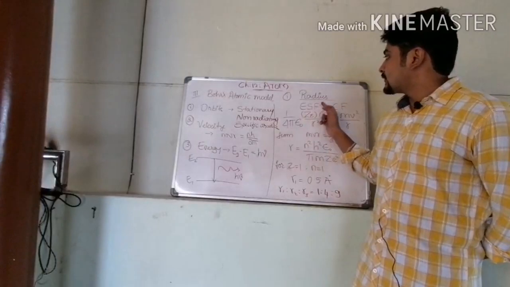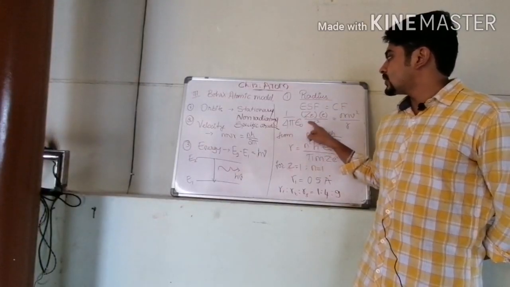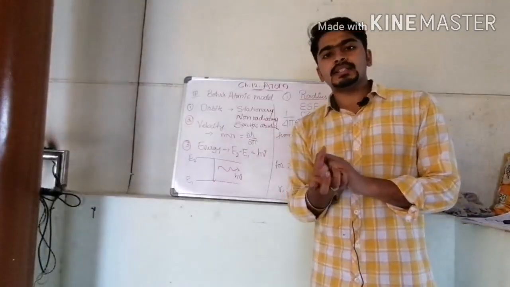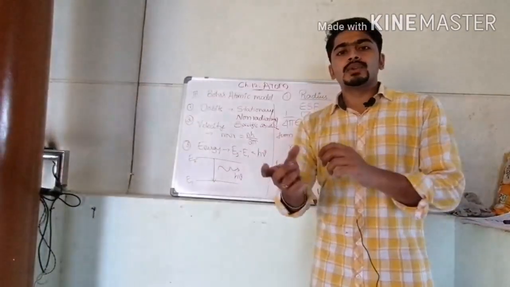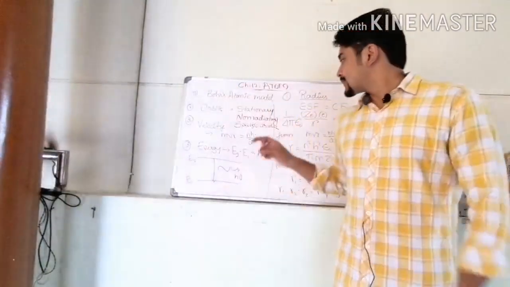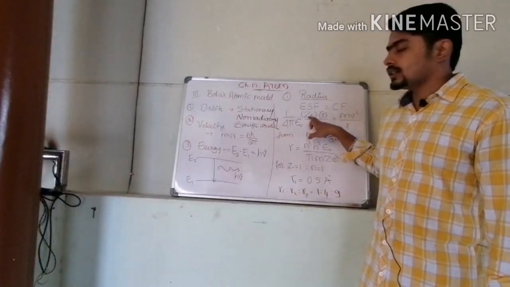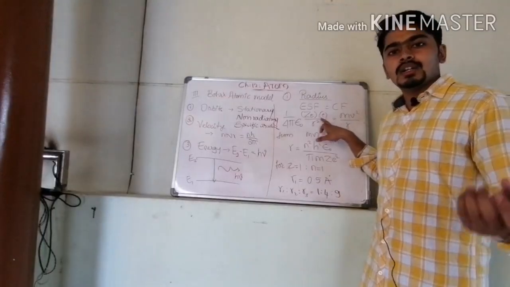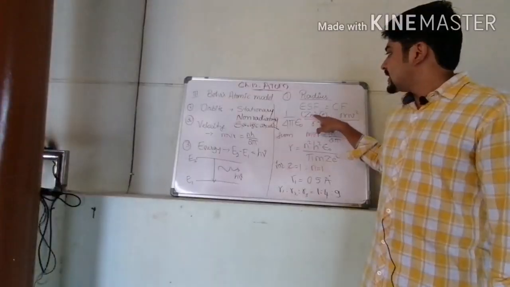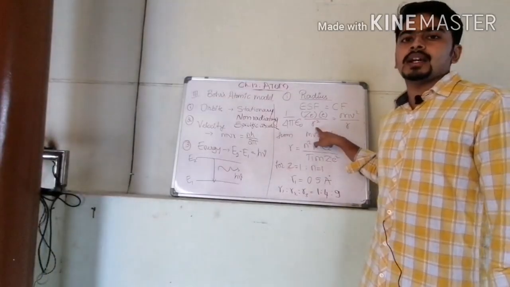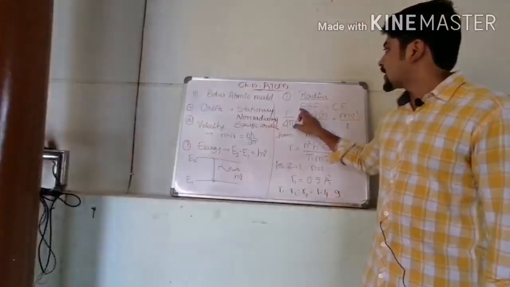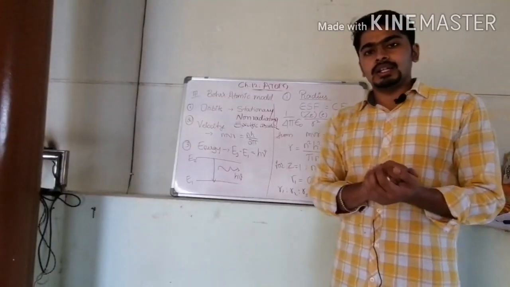Electrostatic force means 1 by 4 pi epsilon naught Q1 Q2 by r square. Here Q1 is the charge of the nucleus, Q2 is the charge of the electron. The charge of the nucleus is Ze and the charge of the electron is e. So 1 by 4 pi epsilon naught Ze square by r square is the electrostatic force of the nucleus.